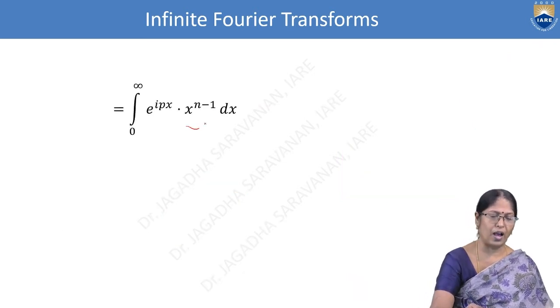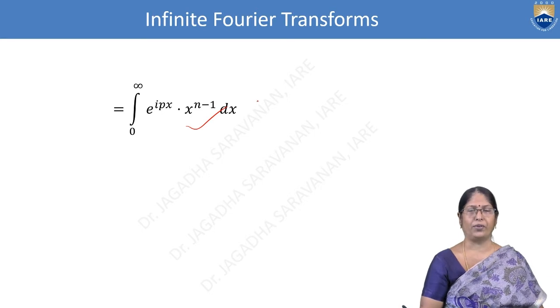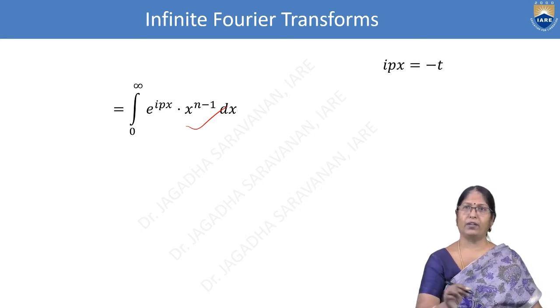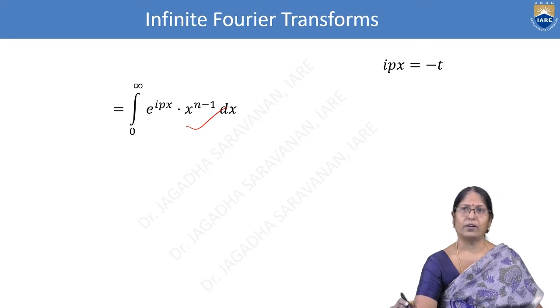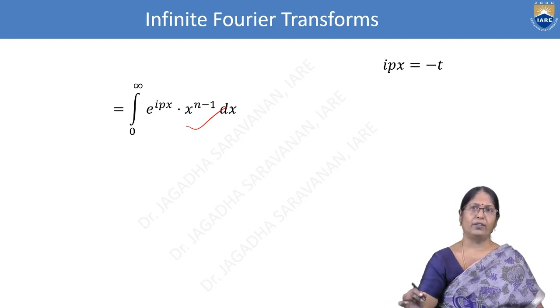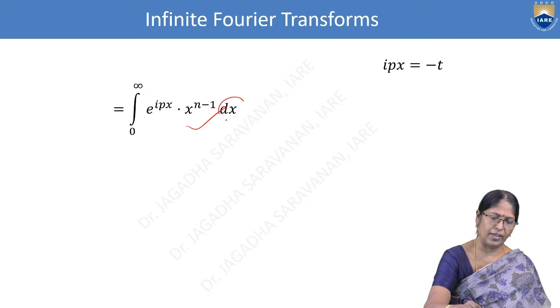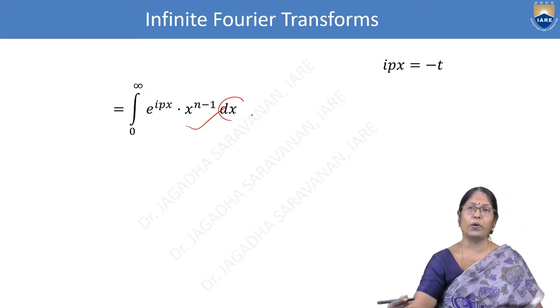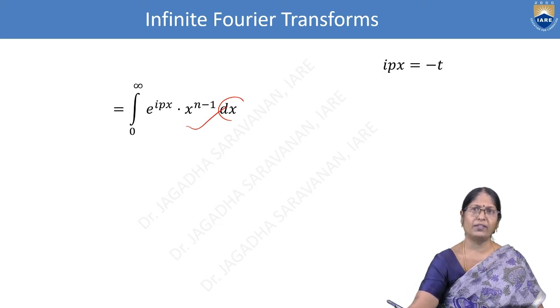So now we have to do this integration. How to do this integration? Methods are there, but the easy way is the substitution method. That is, in terms of x it is there, and the integration is done with respect to x.